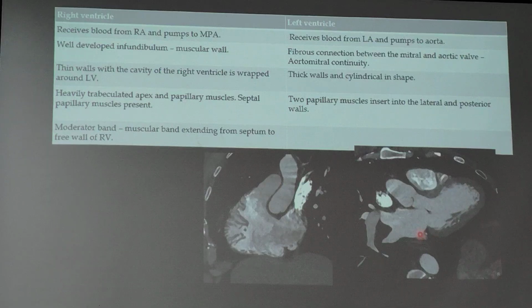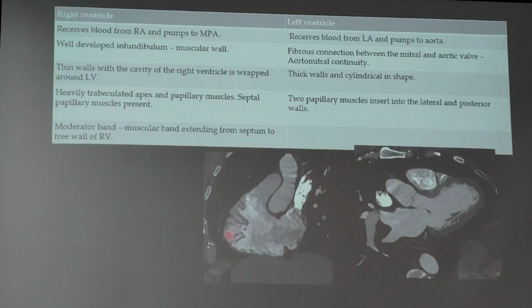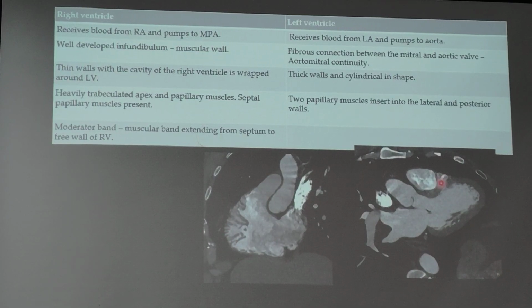Similarly on the left side, the left atrium is connected to the left ventricle and the aorta is arising from the left ventricle. If you see the differences between the two, the right ventricle is a thin wall structure, okay, and the left ventricle is a thick wall structure.